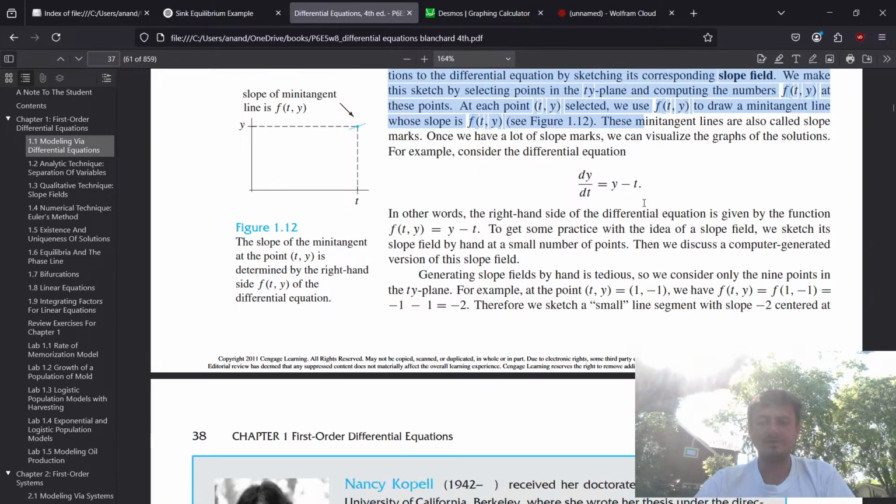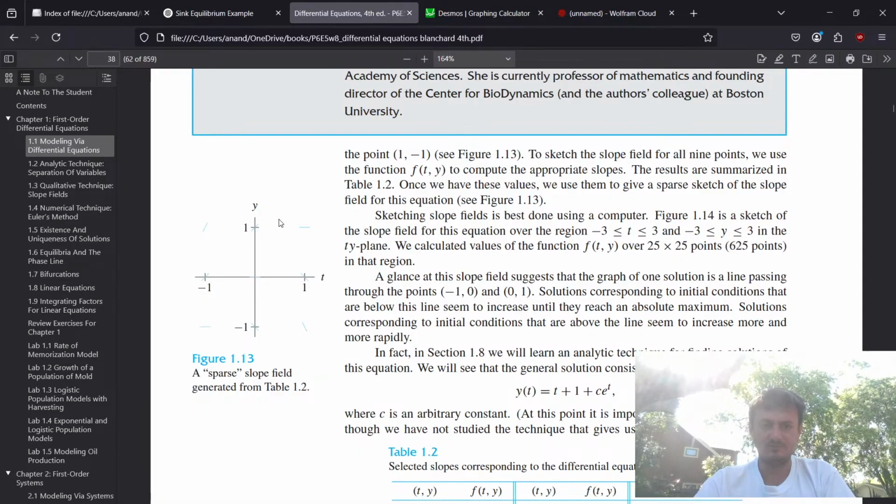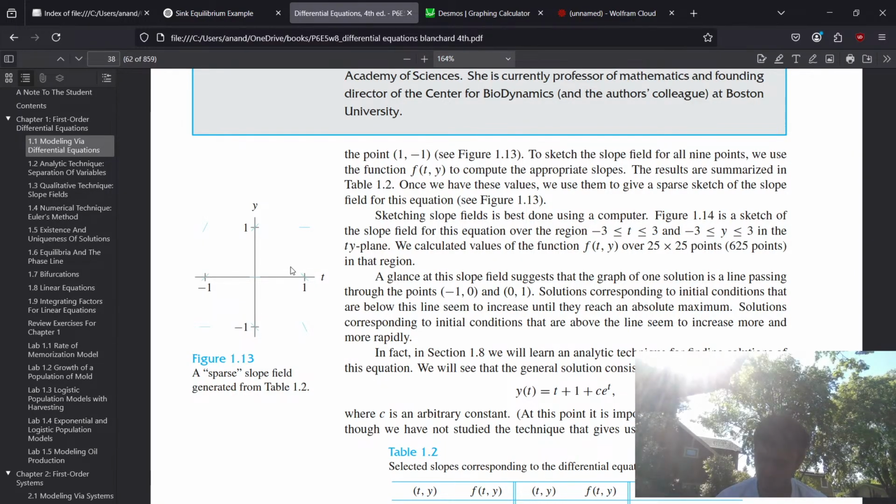So the idea here is you basically sample the space, you compute f of t, y. Okay, so you take y dot equals f of t, y, compute f on the grid, draw small lines.